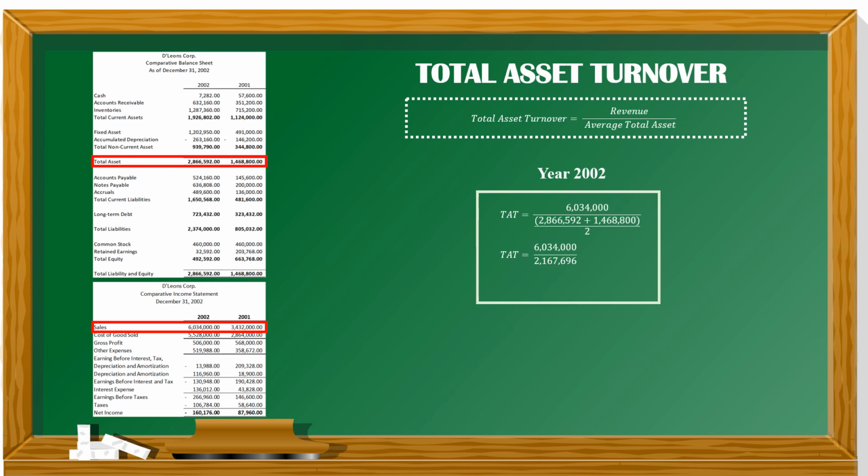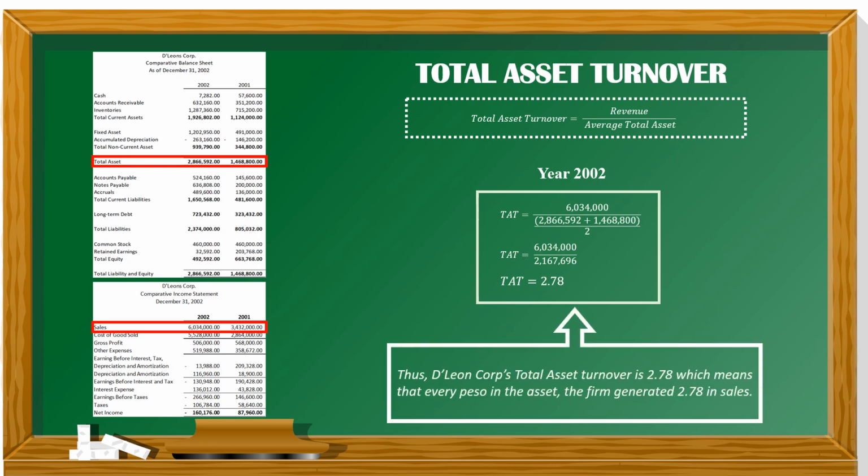So we could get an average total asset of 2,167,696, to get the total asset turnover of 2.78, which means that De Leon Corp's total asset turnover is 2.78, which means that for every peso in assets, the firm generated 2.78 pesos in sales.